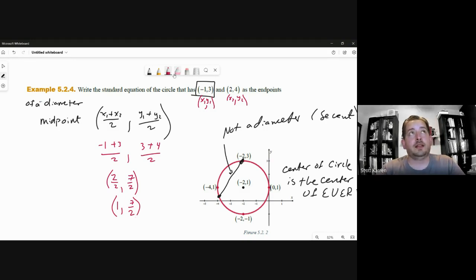So I know my center now, right? And I can figure out the radius as well, because the radius is just the distance between any point, and I have 2 to choose from. But it's the distance from either one of those points to my center, right? And so I can figure, oh, I made a mistake.